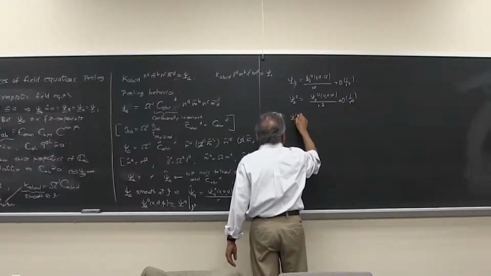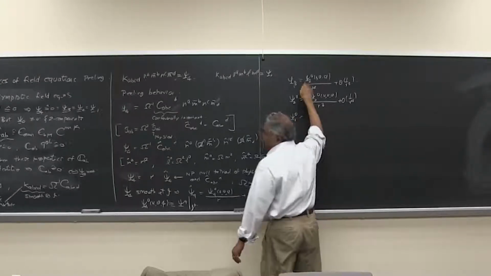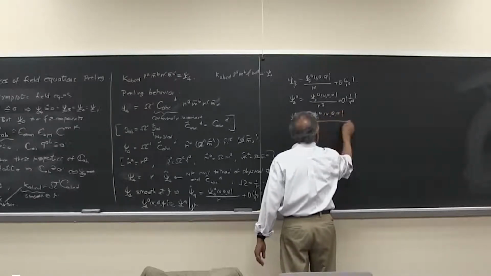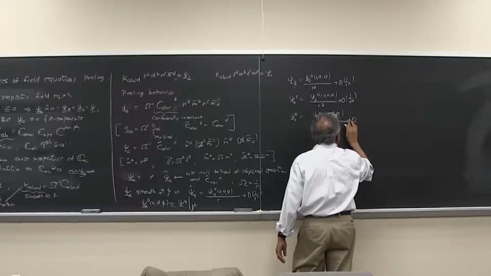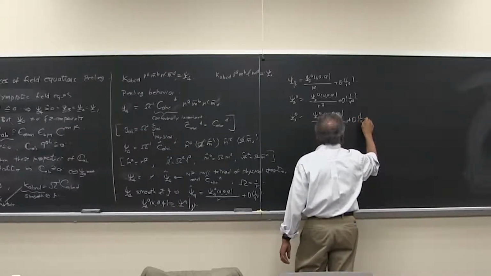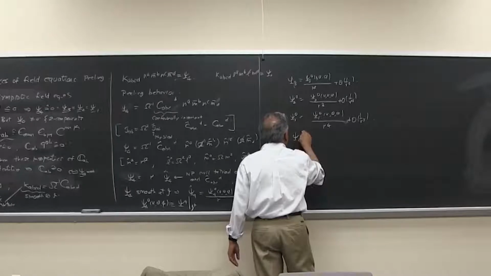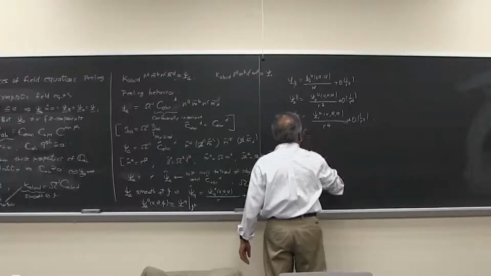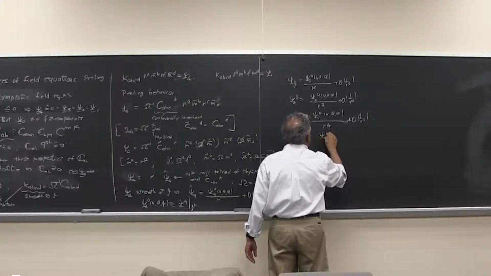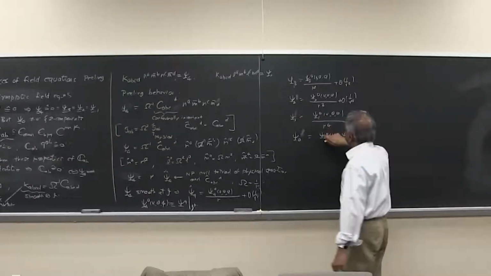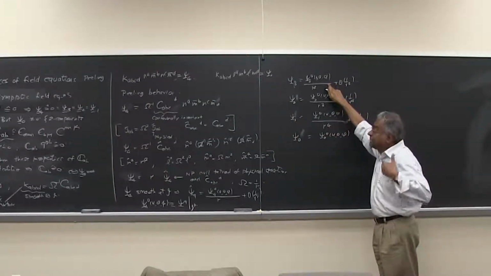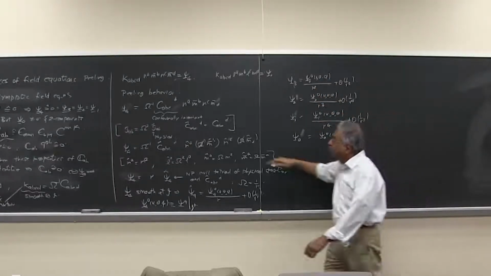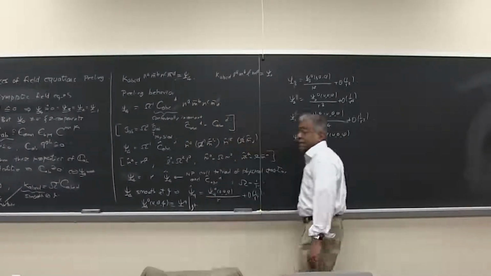And then psi 1 naught similarly. This is boring, but I'll write it once. Psi 1 naught of u theta phi upon r to the 4, plus terms of order 1 upon r to the 5, and finally psi 0 behaves like psi 0 naught of u theta phi. These naught quantities are just the values of psi 3, psi 2, psi 1, psi 0 of the rescaled space-time evaluated at scri.